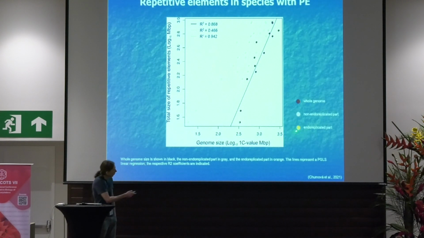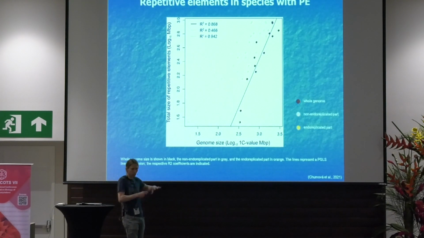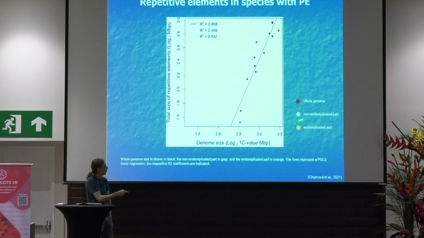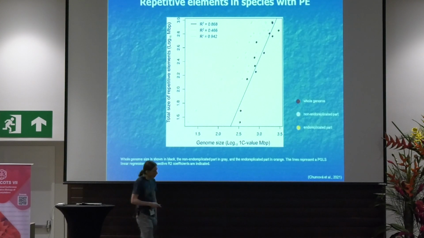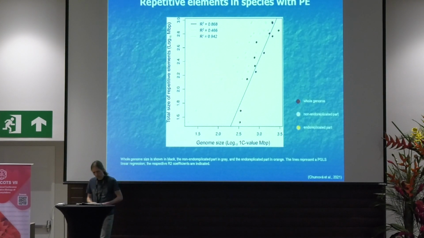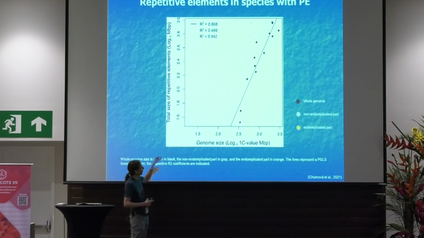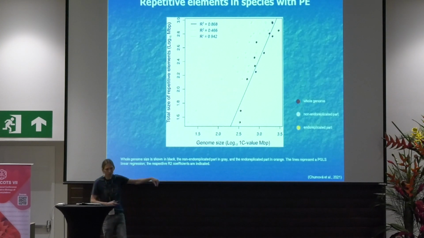In this orange, no name color, there is also some relationship, but weaker. And for that, it's that part of genome which is endoreplicated. For that part which is not endoreplicated, there is much nicer relationship. Really, really nice. And this shows that genome expansion in these plants is probably done by accumulation of repetitive elements in that non-endoreplicated part of the genome.